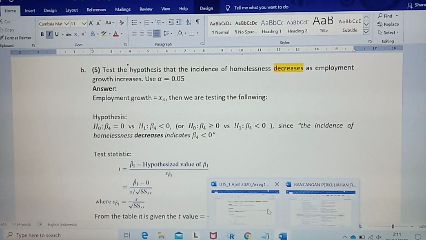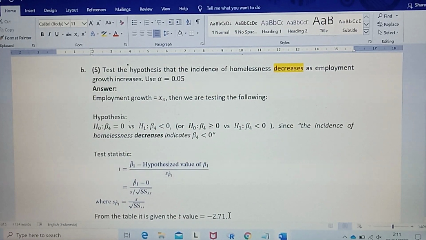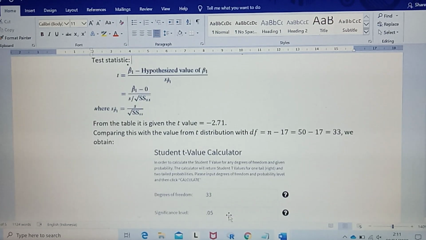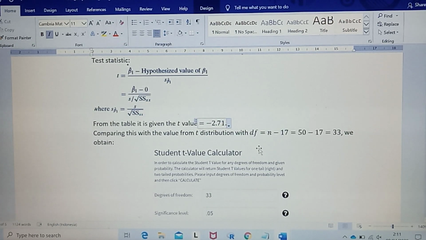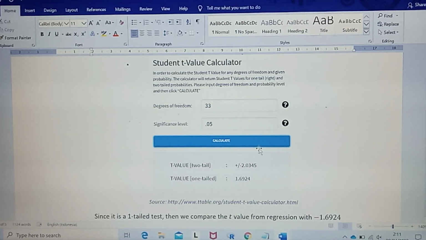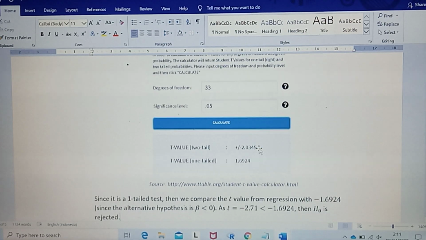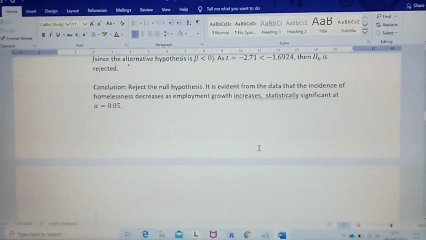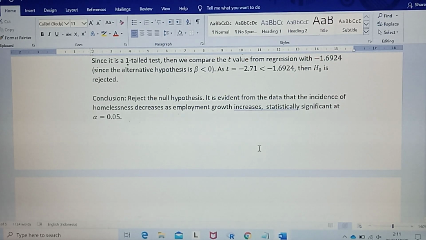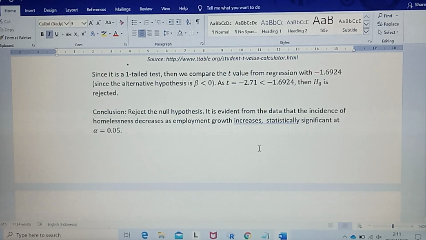So here we just need to compare the value from our calculation, minus 2.71, with the minus 1.69. Because the calculated t value is less than minus 1.69, the null hypothesis is rejected.